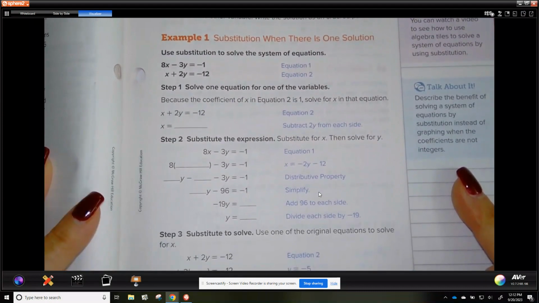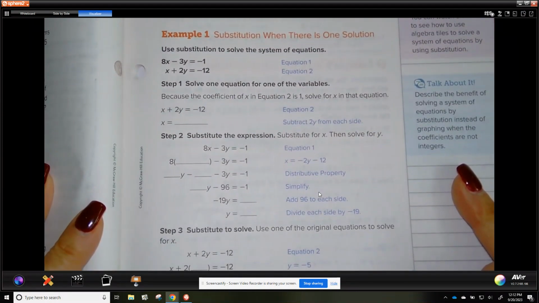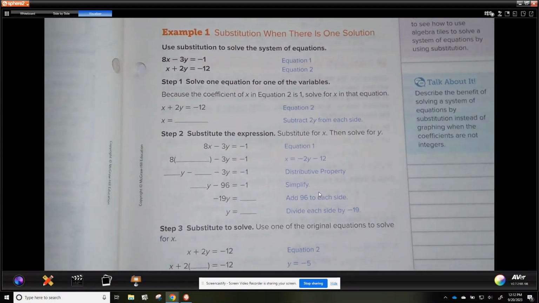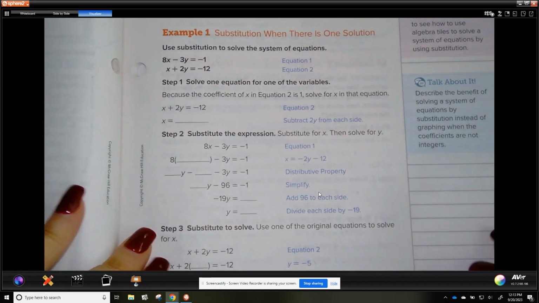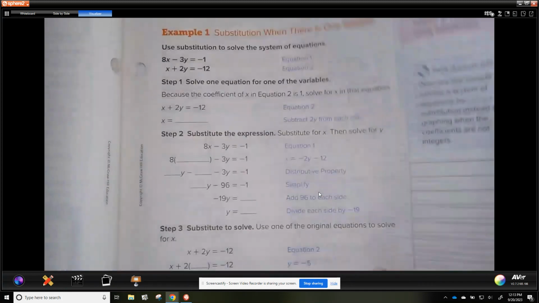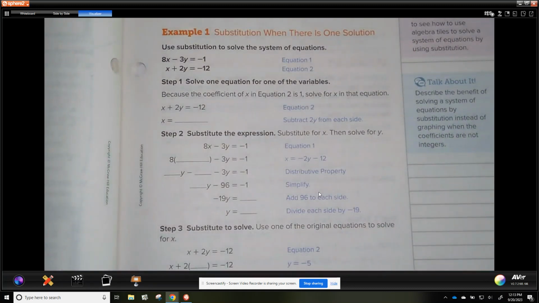When we do systems of equations, we could have one solution, no solutions, or infinitely many solutions. The examples break it up as one solution, then no solutions, but we don't usually assign things that way. You'll have to figure out how many solutions there are.